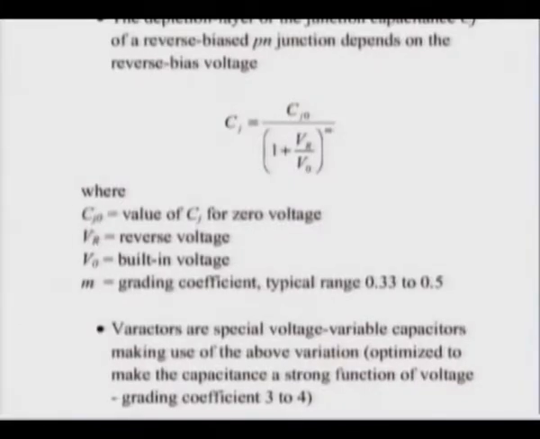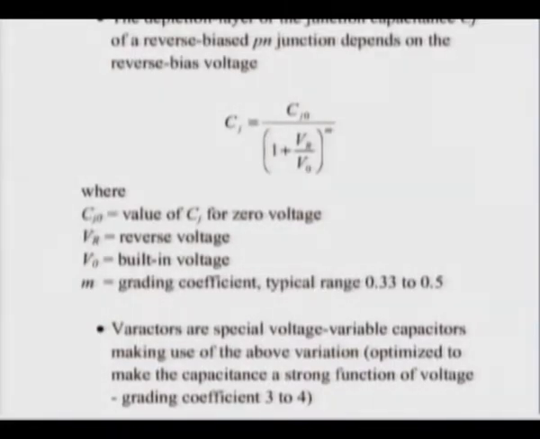Now, this property of a PN junction is extremely useful. There are special diodes by the name varactors, where this particular property is made use of. You can think of varactors as voltage variable capacitors, where they use this variation of the capacitance as a function of the reverse voltage.